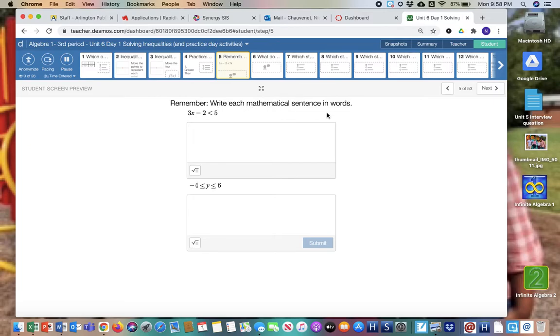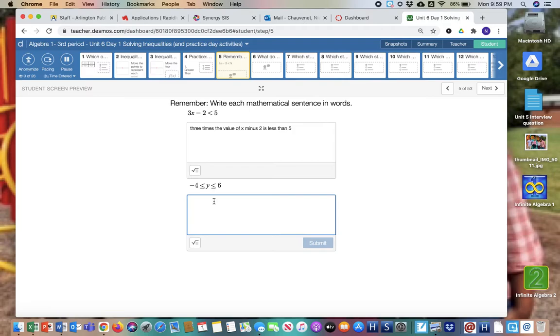So if we were going to write this sentence in words, what would this read? It's 3 times the value of x minus 2 is less than 5, right?